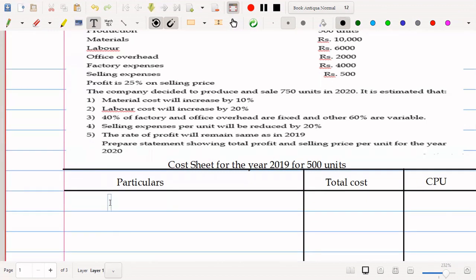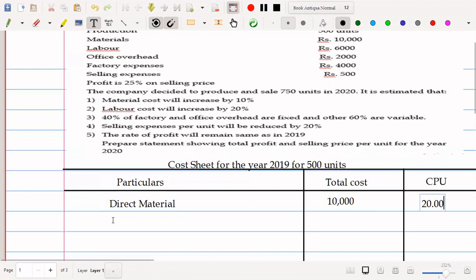So that is raw material or direct material. That is rupees 10,000 divided by 500. It comes to rupees 20. That is, for 500 units it is 10,000. For 1 unit, it will be rupees 20.